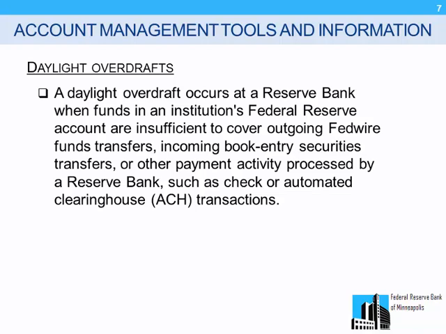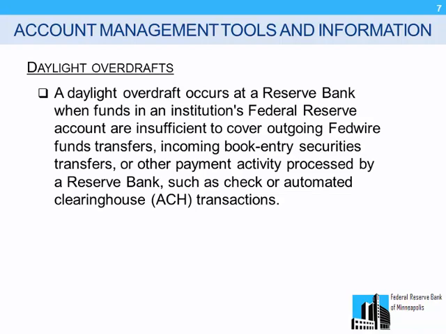The objectives of the policy are to foster the safety and efficiency of payment and settlement systems. So the PSR policy establishes the limits on the amount of intraday credit that an institution may use in its Fed account.